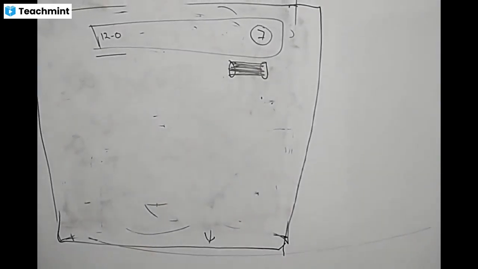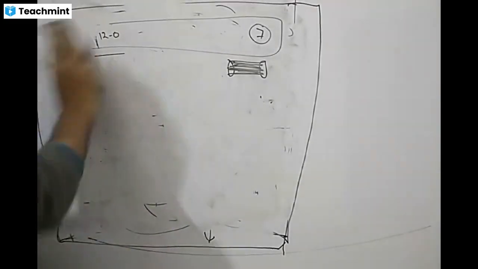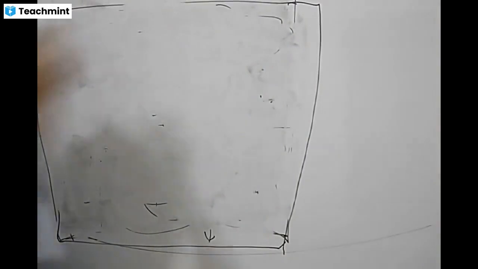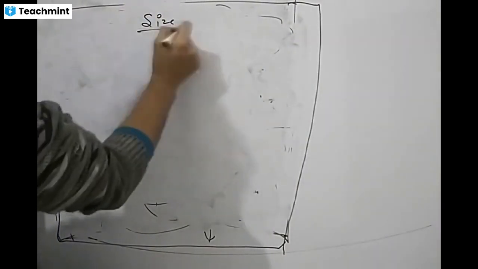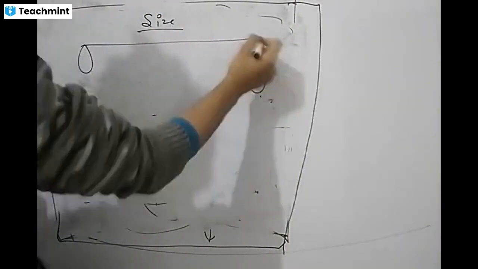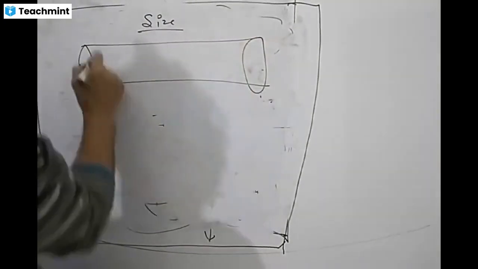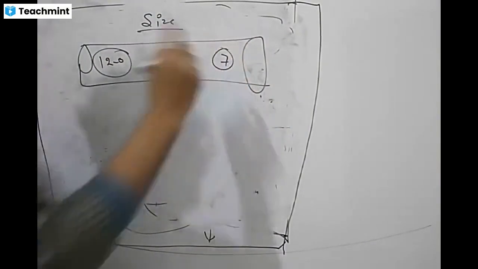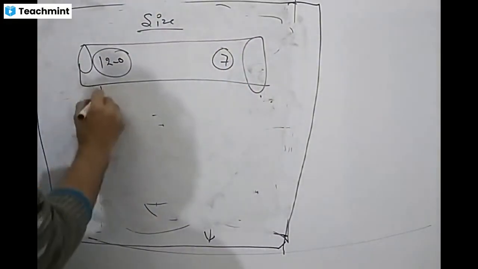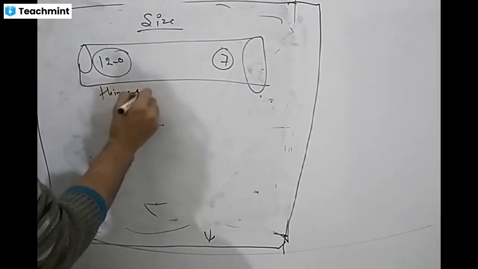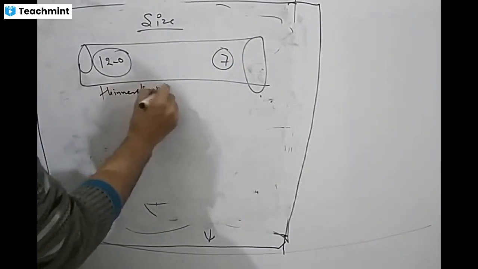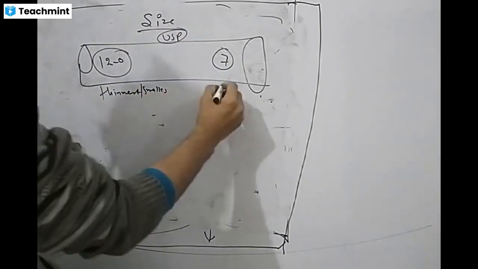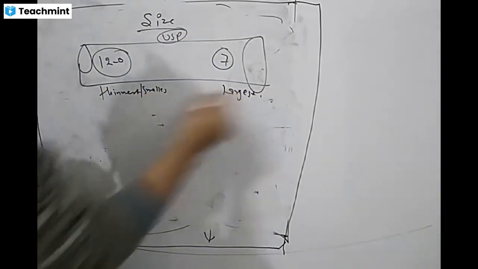So the first characteristic in suture material was size. This size varies from thin to thick. They say 12-0 is the thinnest one and number 7 is the thickest one. This is smallest or thinnest. This size is as per the United States Pharmacopoeia, and number 7 is largest.